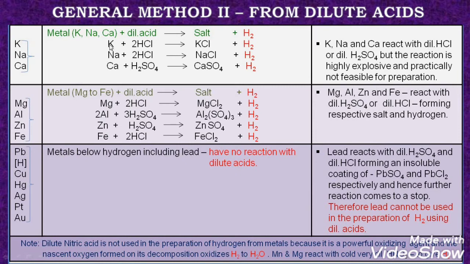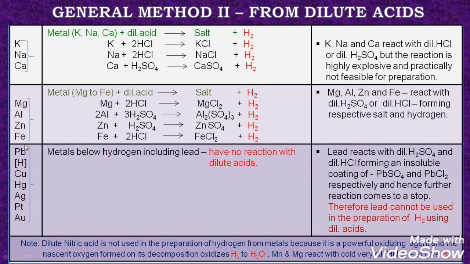In that you will get any of the active metals, from K to Fe, reacting with a dilute acid. So if you see an active metal reacting with a dilute acid, then you know the gas evolved is hydrogen. Keep this in mind. Anyway, the question can be twisted in chemistry. If you understand the concept, you can answer.